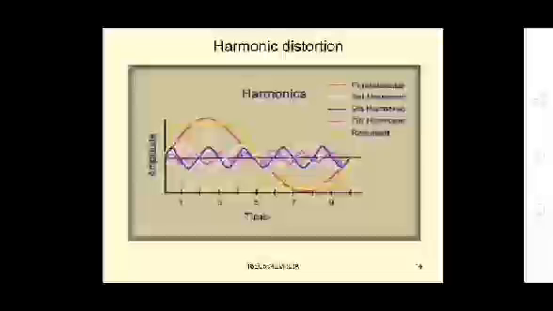Then you have to find the total harmonic distortion present in this signal, and this total harmonic distortion is to be minimized, so that your output should have only the fundamental frequency.